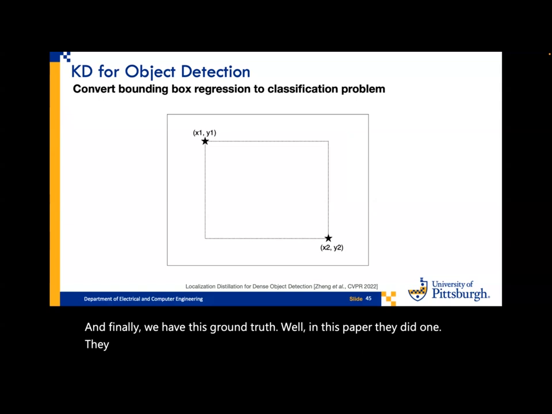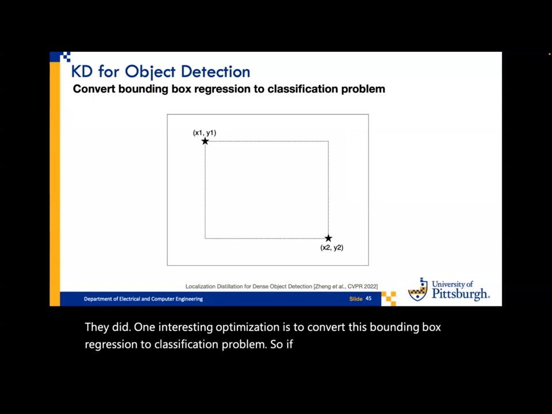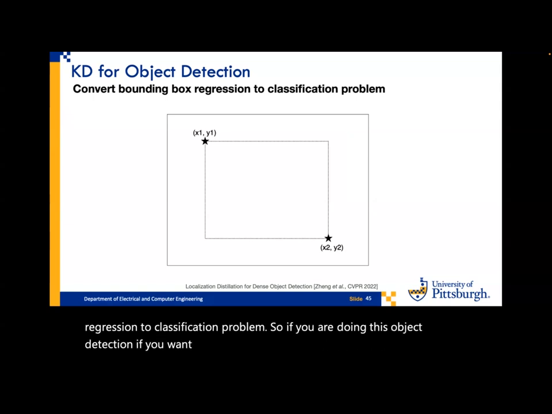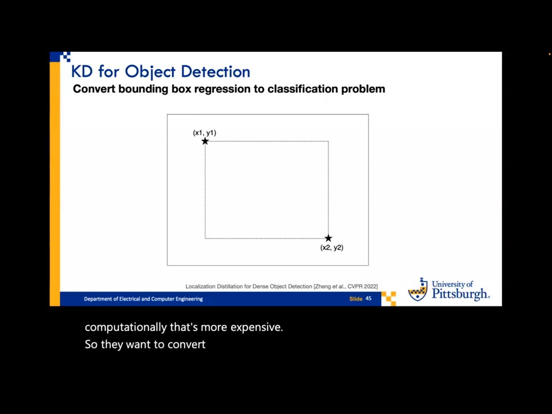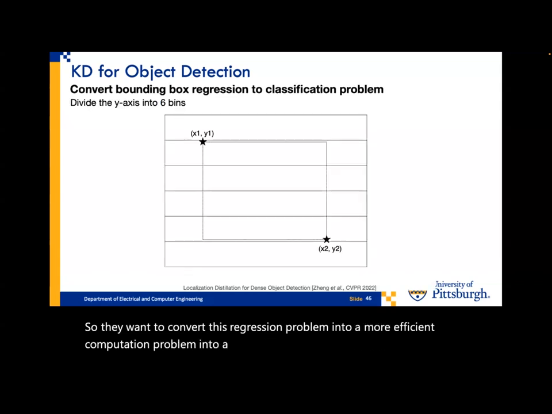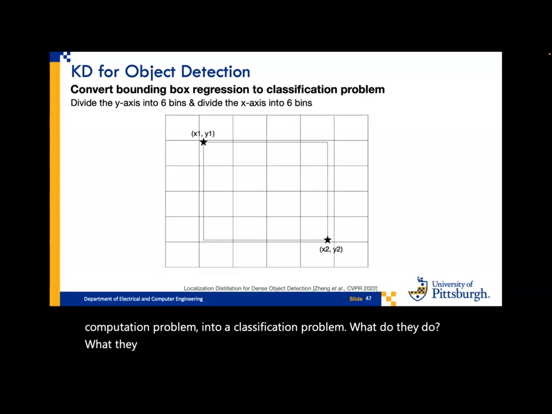Well, in this paper, they did one interesting optimization, which is to convert this bounding box regression to a classification problem. If you are doing object detection and want to do regression, essentially you want to match the bounding box with the ground truth as much as possible, right? Computationally, that's more expensive. So they want to convert this regression problem into a more efficient classification problem. What they do is chop this whole space into 6x6 cells.